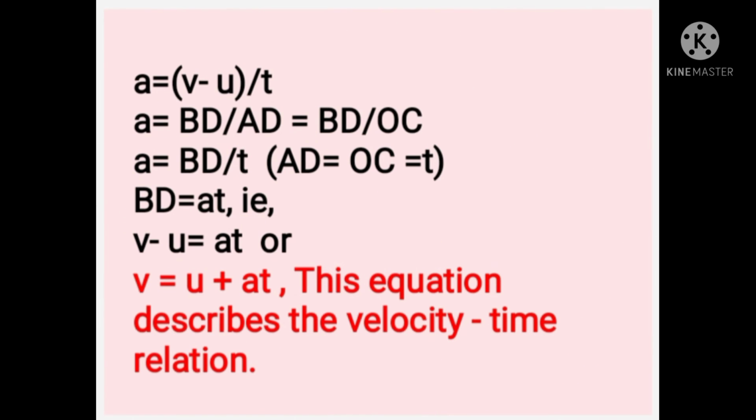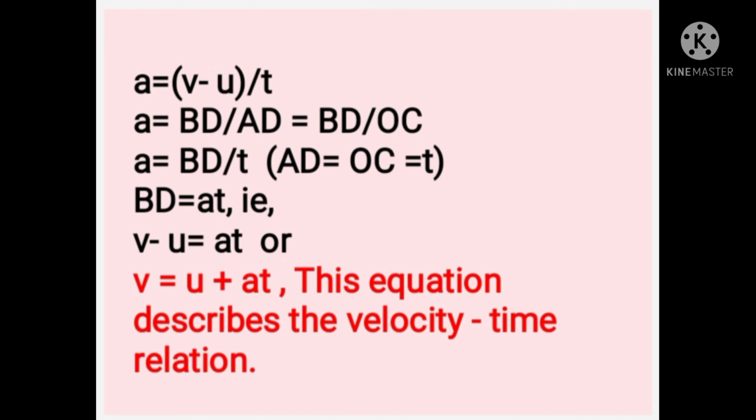We know that acceleration is equal to change in velocity by time. So change in velocity means v minus u. Substitute here, a is equal to v minus u by t. We know that v minus u is equal to BD. So a is equal to BD by the time, which is AD, or equal to BD by OC because AD equals OC equals t. Then a is equal to BD by t.